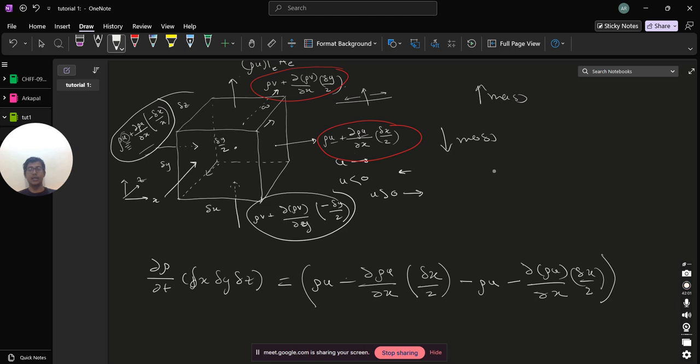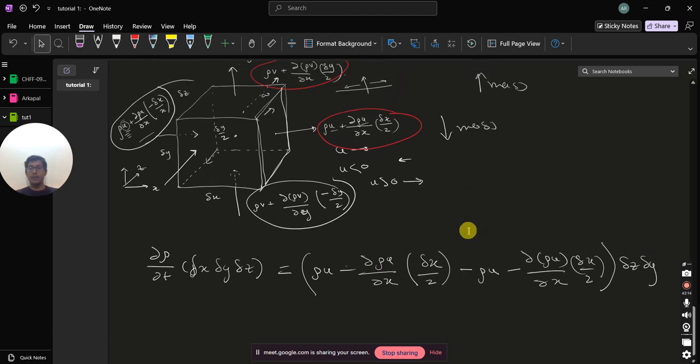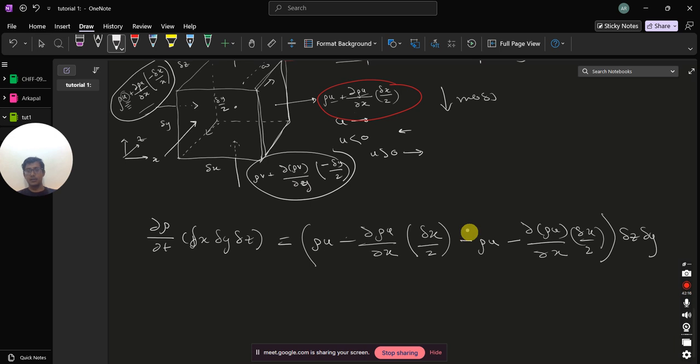So here the area is what? This x face area is delta z times delta y. So here we have accounted for the x direction. Now let's do it for the y direction as well.